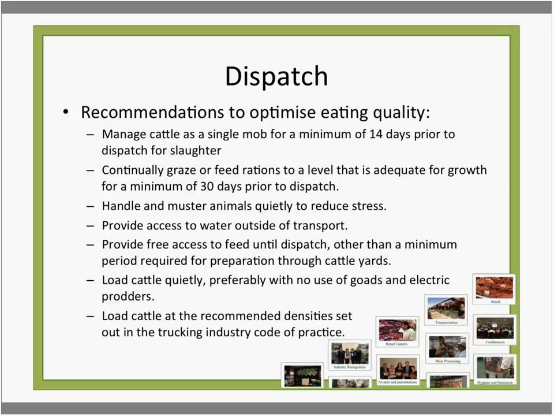They also add on some recommendations around keeping the animals in a single mob for days prior to slaughter. Ensure that the conditions are good for the 30 days prior to dispatch, and the mustering and the handling of the animals in the yards, availability of water, and making sure you've got the appropriate stocking density.